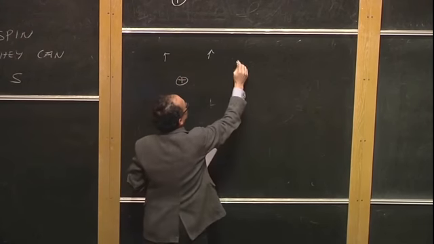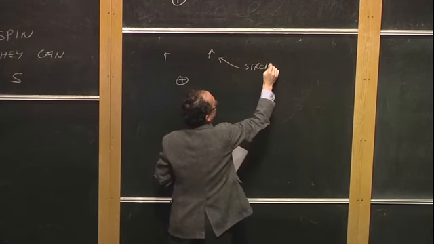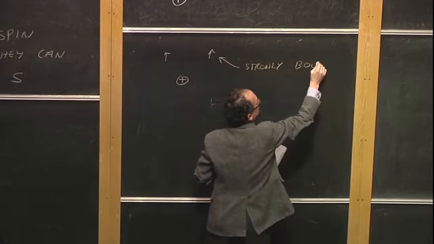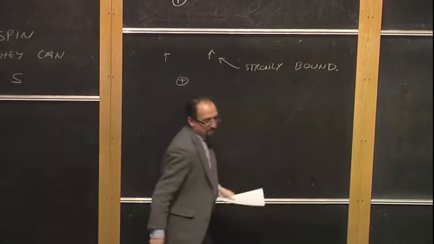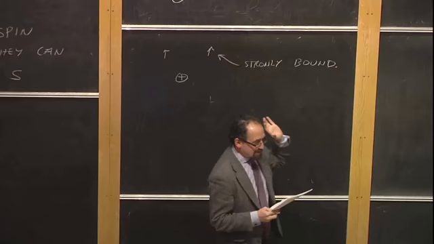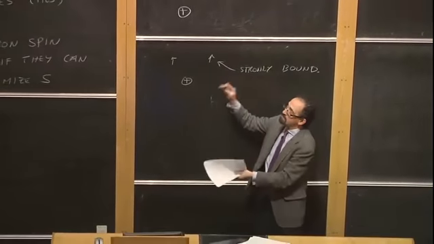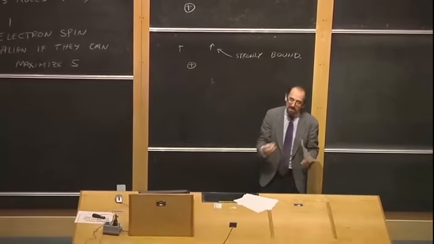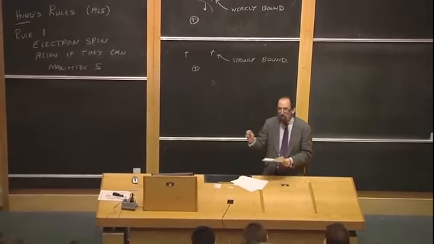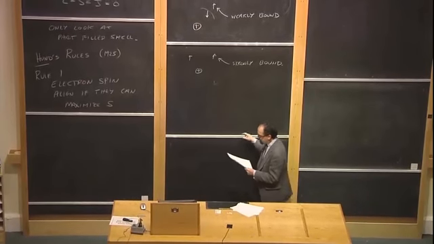So as a result, the electrons are strongly bound. And this is more of the reason why it's lower energy to have the 2 electron spins aligned, because then the 2 electrons are strongly bound to the nucleus, and that lowers their energy. Okay, so that's more of the honest reason why Hund's first rule applies.